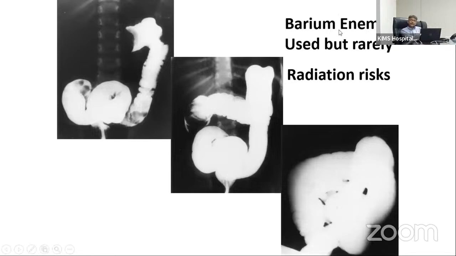When we are attempting a barium reduction, this is how we are going to see the central small bowel filled with contrast. But luckily or unfortunately, barium enema has lost its value. It's good for us.